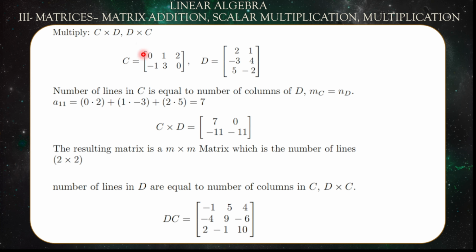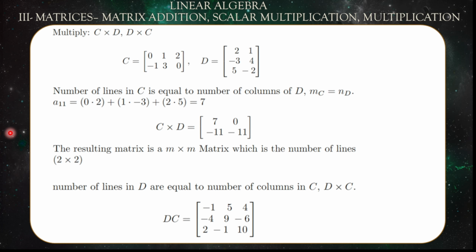Number of columns in C is equal to the number of rows in D, so they are multipliable. You can decide whether they are multipliable or not if the number of columns in C, which is 3, is equal to the number of rows in D, which is also 3.